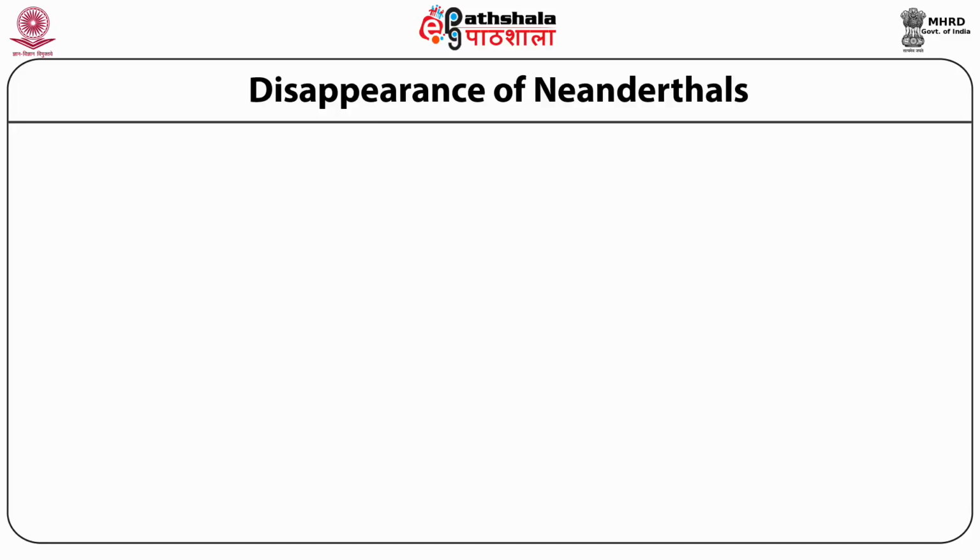This coincides with the start of a very cold period in Europe and is 5,000 years after Homo sapiens reached the continent. This was based on improved radiocarbon dating of material from 40 sites in Western Europe.